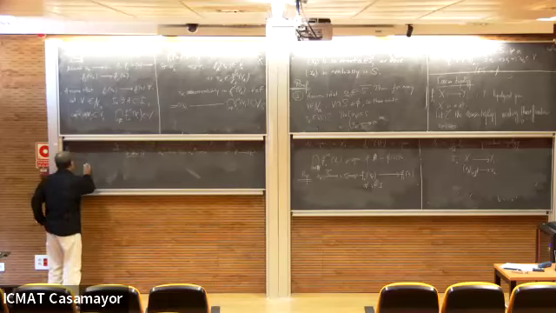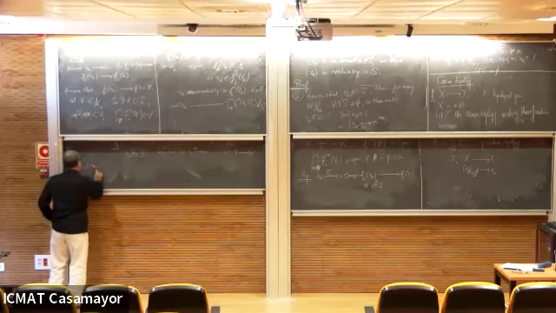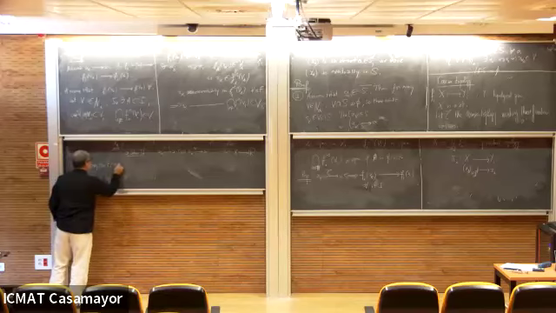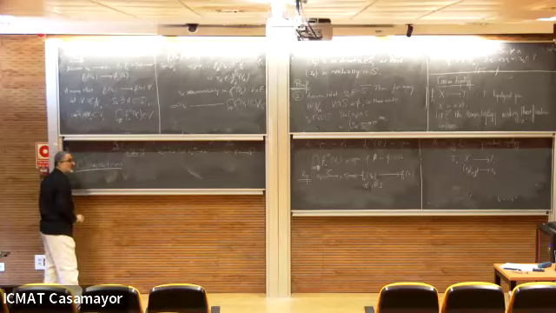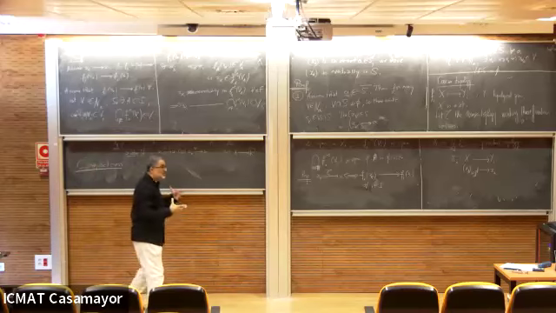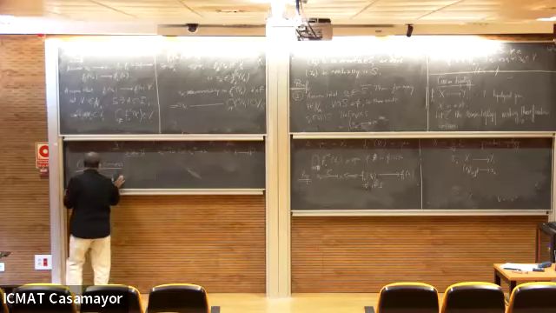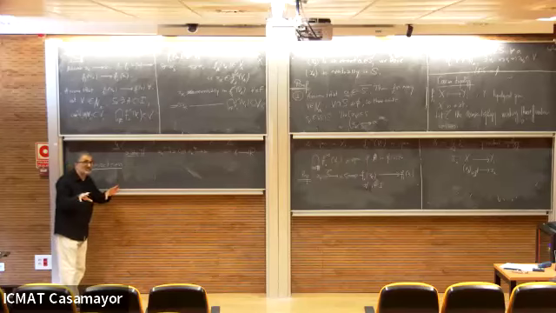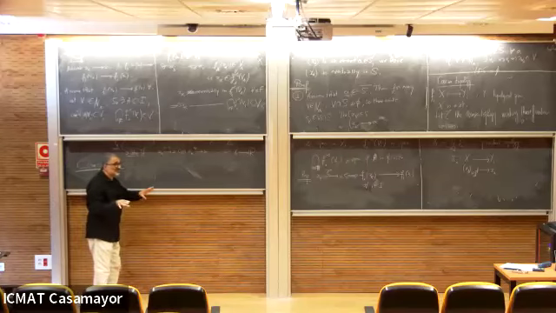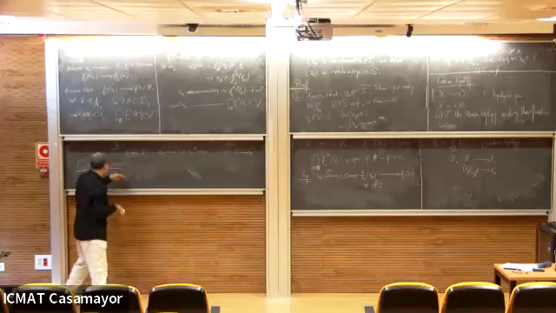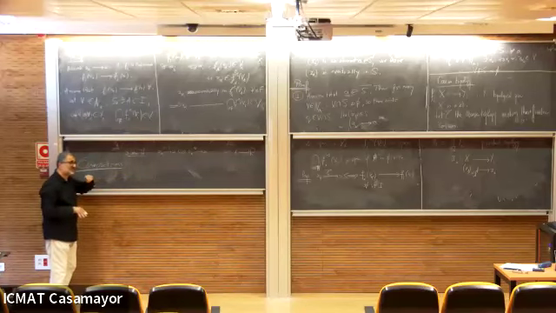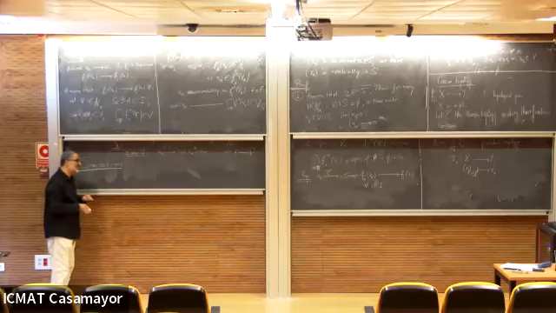Okay, now I speak about compactness. And I want to prove a theorem similar to what is done for the metric case. A metric space is compact if and only if every sequence has a convergent subsequence.